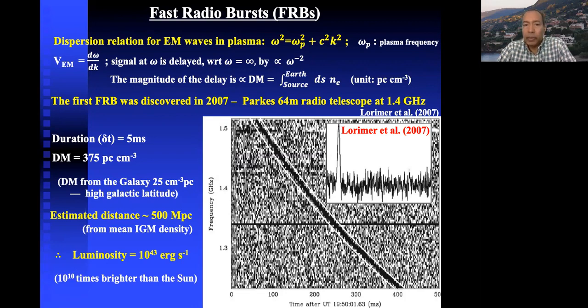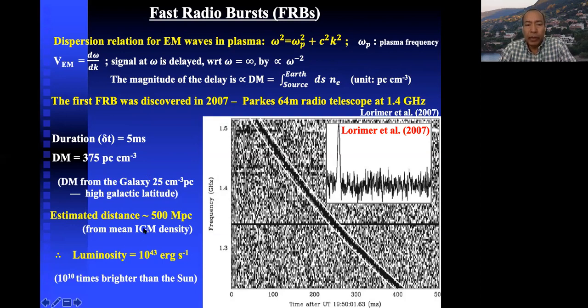The duration of this signal was 5 milliseconds. DM, in the astronomer's unit, was 375 parsec per cc, and the contribution to the DM, to the electron column density, from our own galaxy along that line of sight is 25 in this unit. And therefore, this object was concluded to be at a distance much larger than the size of our galaxy.